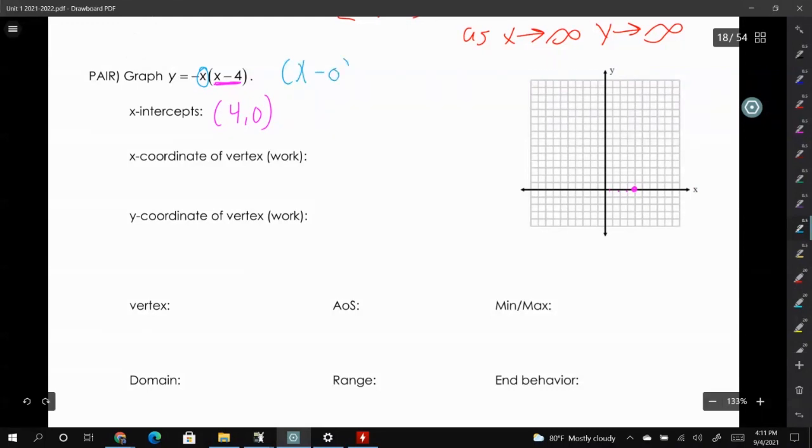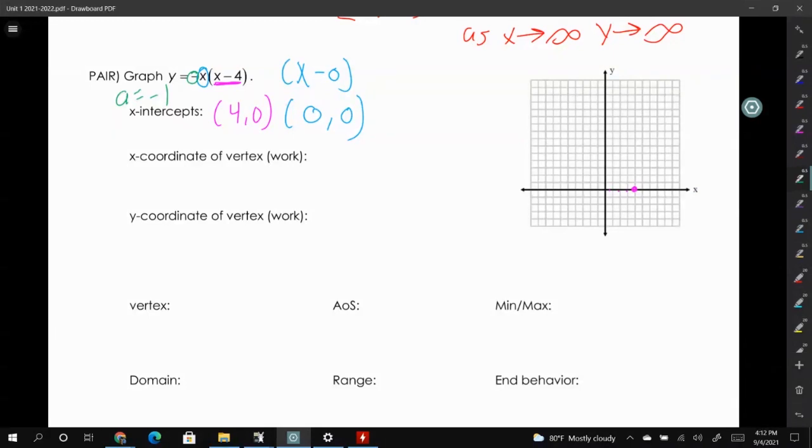It would not make sense to write this x minus 0, because anything minus 0 is just what we started with. 5 minus 0 is 5. 12 minus 0 is 12. x minus 0 is just x. So when you see just an x out front, that means one of your intercepts is 0, 0. That negative attached to it means your a value is negative 1.